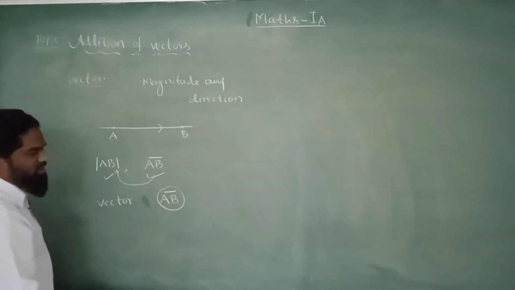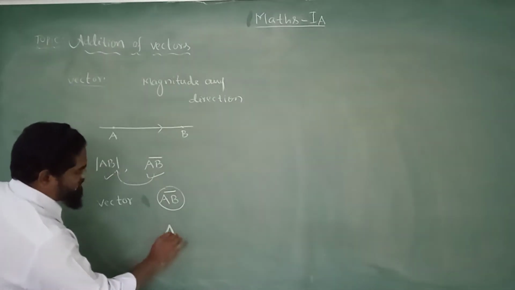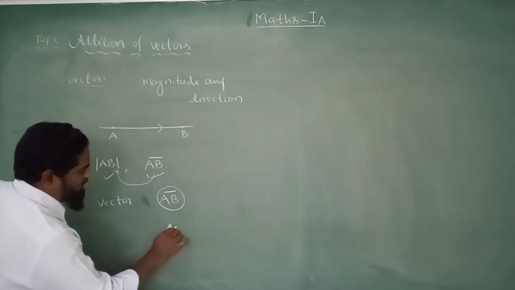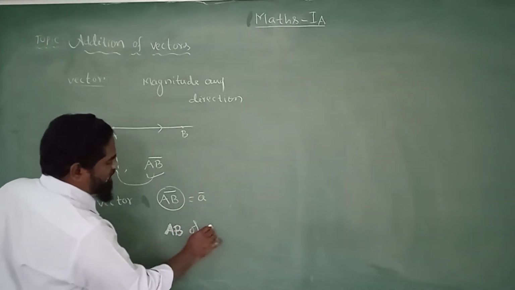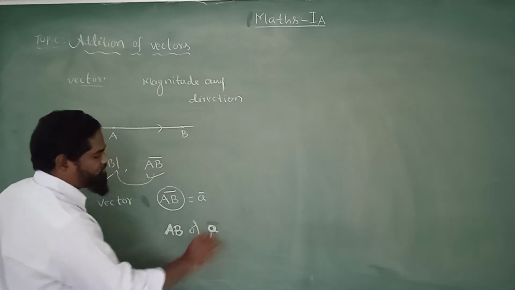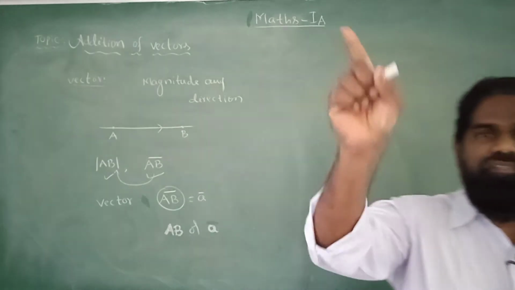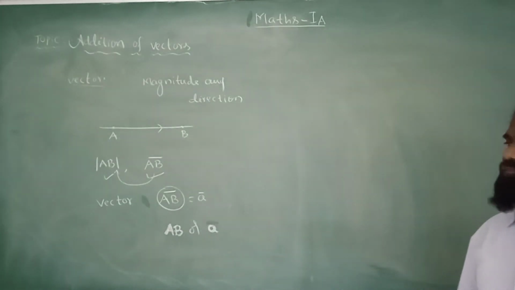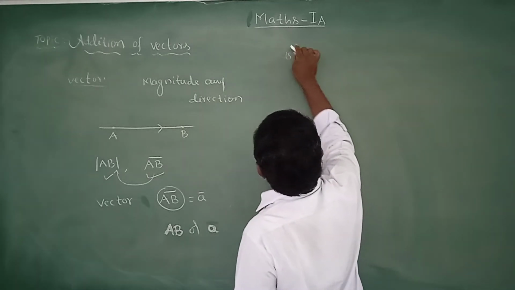In textbooks, it can be taken as a thick letter AB, as given in the textbooks. Suppose AB bar is A bar, or here it can be taken in the textbook as a thick letter. This is the way to write, use bars for the vectors. Understand?